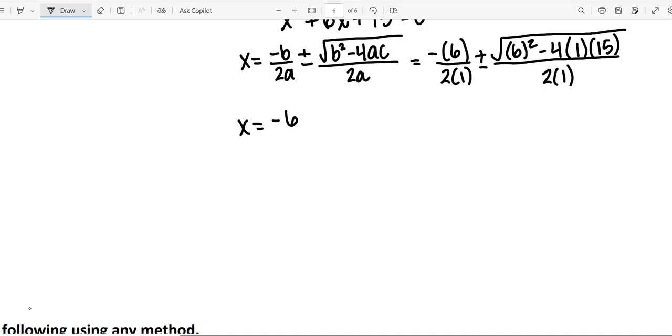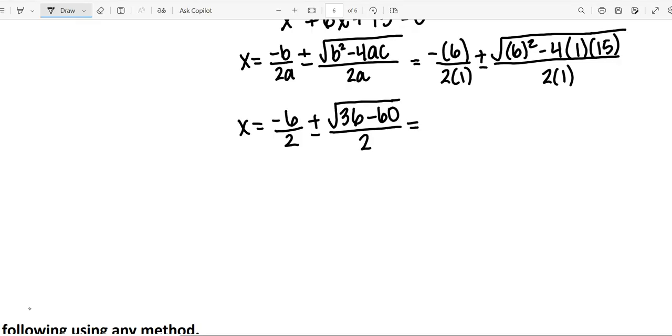Every time I start a new line with the quadratic formula, I put x equals to remind myself of what I'm doing. Over 2 times 1 is 2. Plus or minus the square root. 6 squared is 36. Negative 4 times 1 is negative 4. What's negative 4 times 15? Negative 60. Over 2 times 1 is 2.